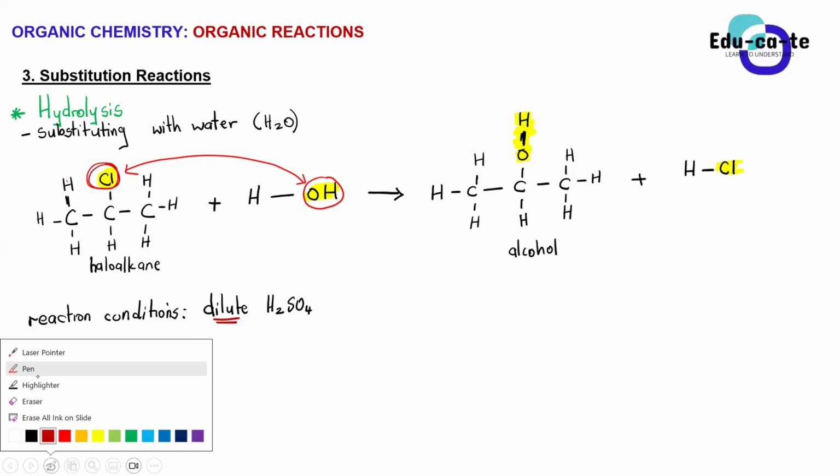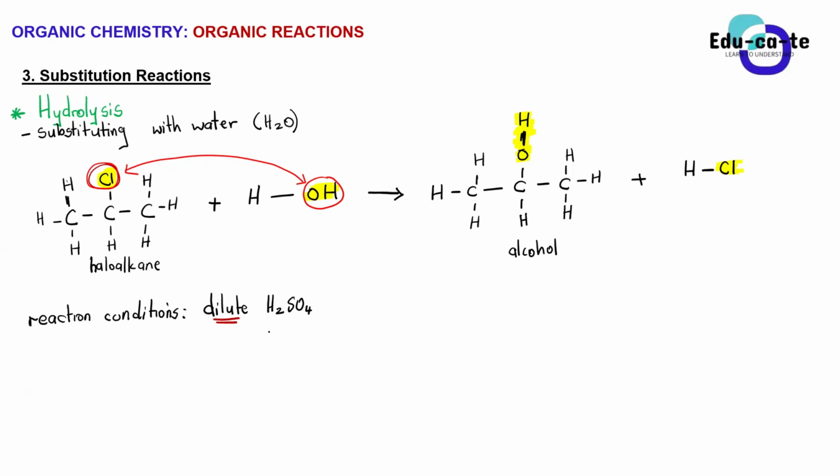Okay, so here we are going to need dilute sulfuric acid, and we still need heat for this reaction, guys. But the heat that we are going to use here is not just a strong heat under reflux or something like that. We are going to use mild heat. So we're not going to require too much heat.